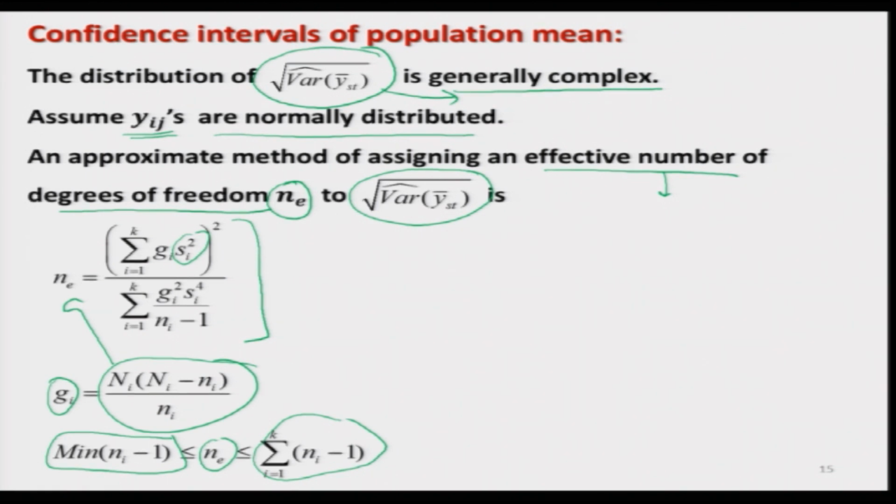Okay. So in this lecture we have understood why we have chosen this y bar st to estimate the population mean, how to obtain the standard errors which are needed with real-life data, and then how to construct the confidence interval.